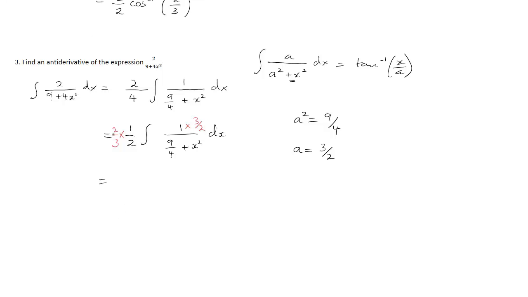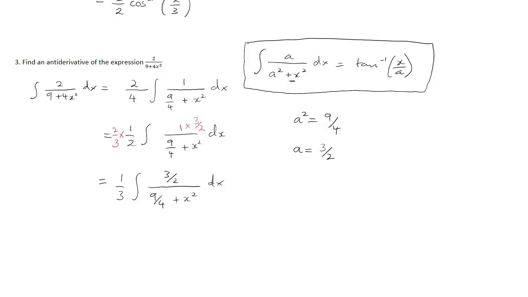So the 2 and the 2 here cancel. That would give you a third. And you've got 3 on 2 now at the top there, all over 9 on 4 plus x squared dx. So we've got everything we need. We've got this kind of format. Okay, and so all we need to do now is we just need to use our rule.